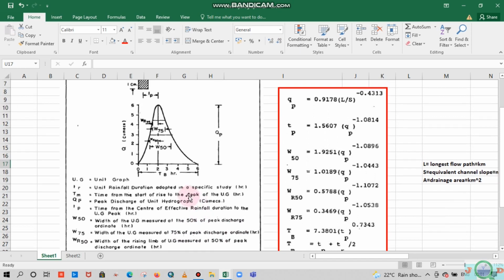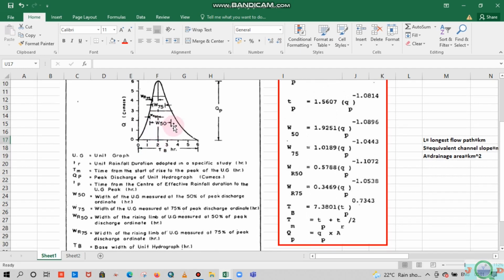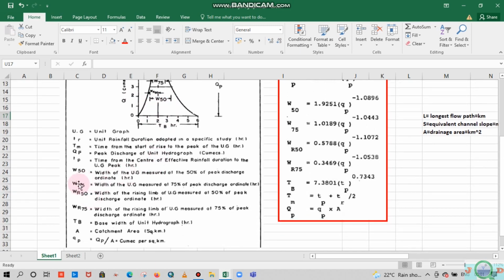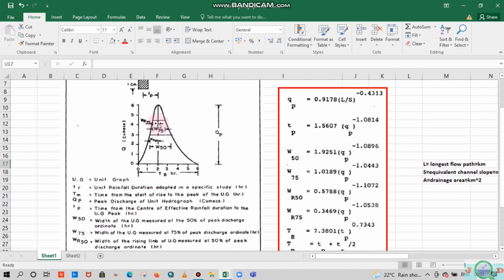So for this 50% of the peak discharge, we have to mark the ordinates on either side, equally, and the same for the 75% of the peak. We should mark this time ordinate on either side on the graph sheet.